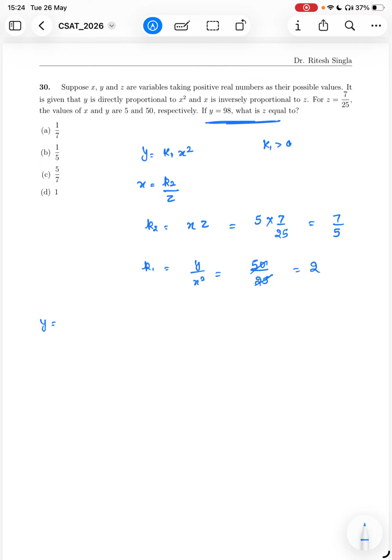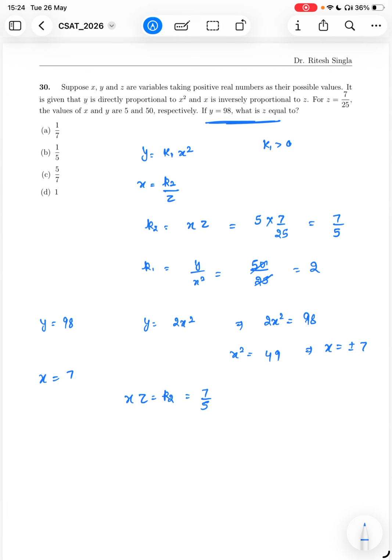So y is 98, y is 2x square. This implies 2x square is equal to 98, x square is equal to 49, x is equal to plus minus 7. But since x is positive, x is equal to 7. Once x is equal to 7, xz is equal to k2, which is 7 upon 5.